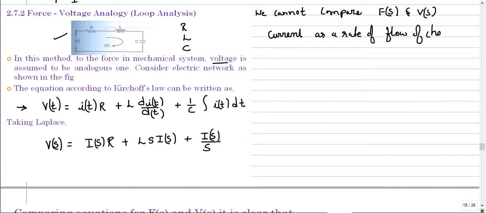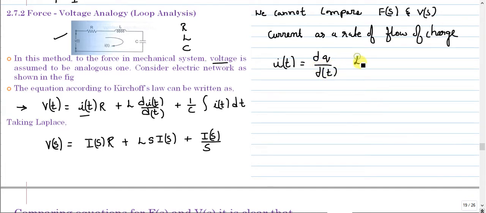We will again reduce the equation in terms of I of s as a rate of flow of charge. So we will represent this I of t as the rate of change of flow of charge. Flow of charge will be represented by q, so I of t is the rate of change, that is, the differentiation of q with respect to dt.